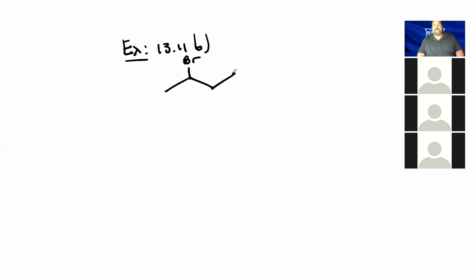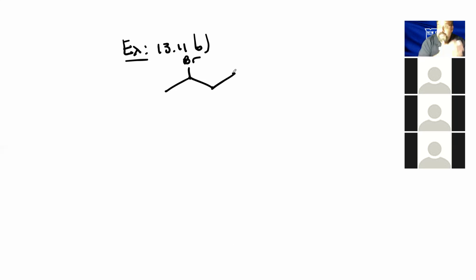Sorry, just trying to find the page again. All right, so the example they give, and this is from 1311B, is the following. Now, here's what I would do if I'm going to solve this problem.